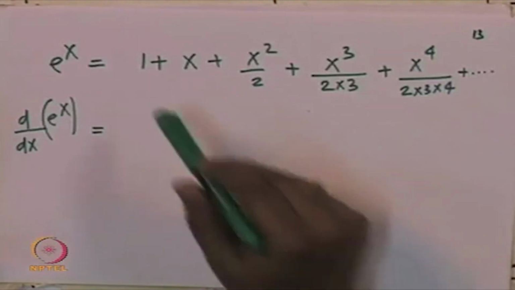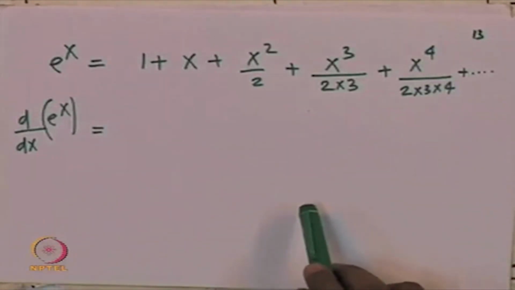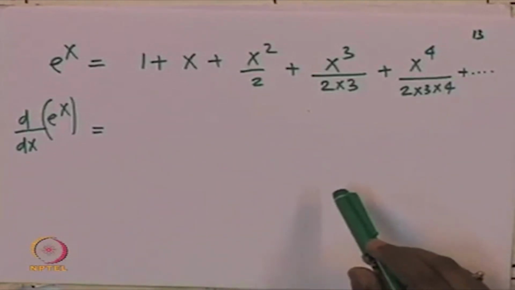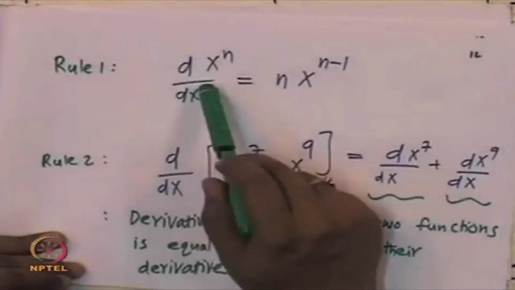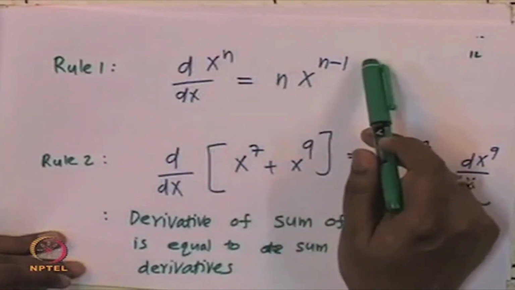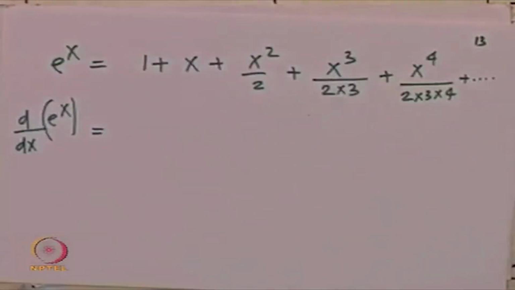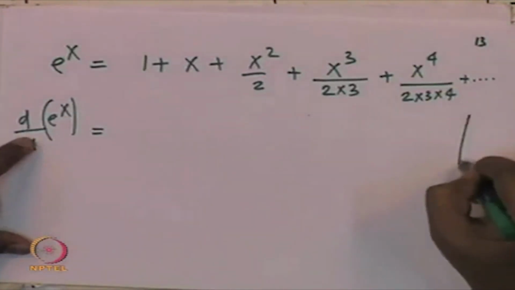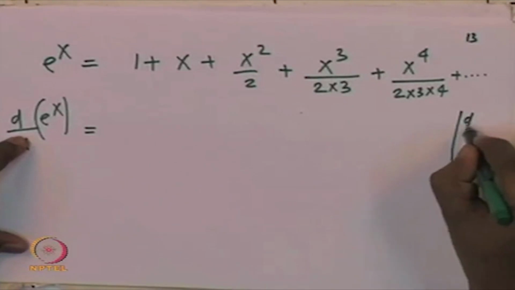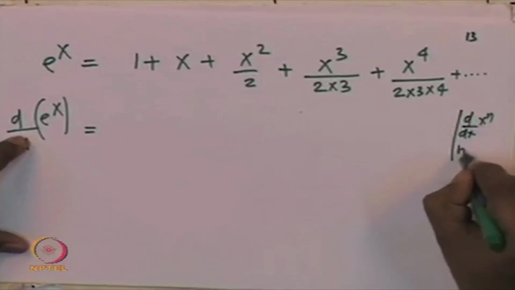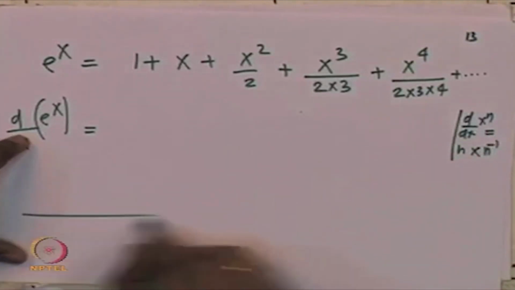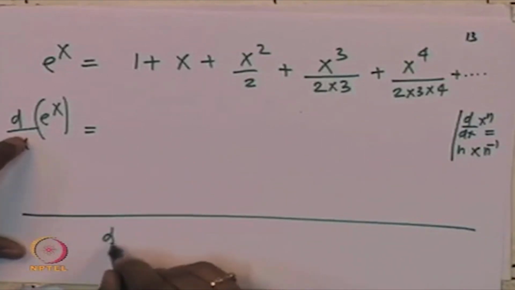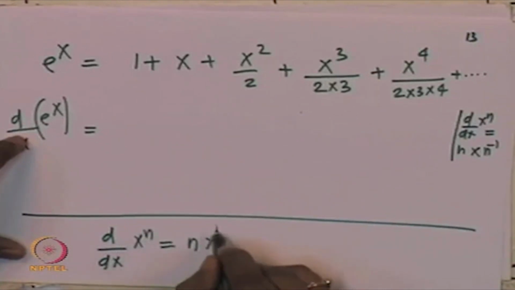First, let us find the derivative of 1. Just a few minutes ago we saw the first rule we learned, which we will be using here. The rule is that d by dx of x power n is n x power n minus 1.